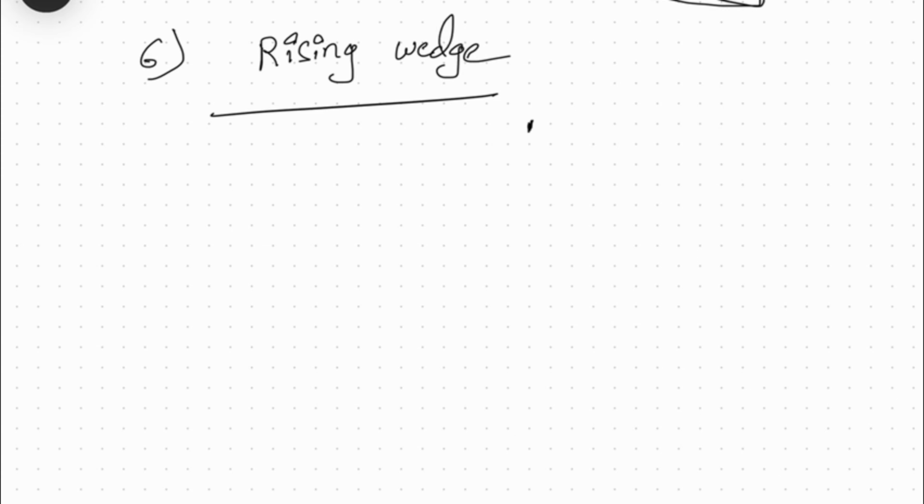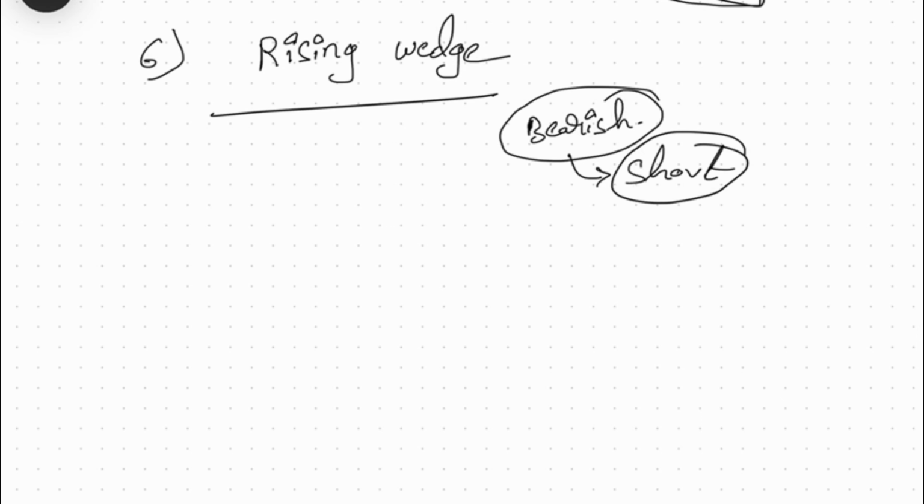Sixth one is rising wedge. Same. Rising wedge means it is for bearish. Whenever I say bearish, you have to take short positions.